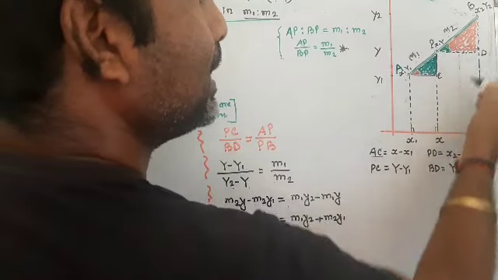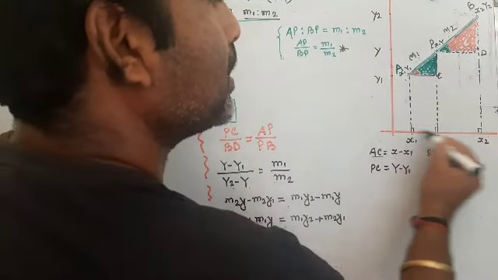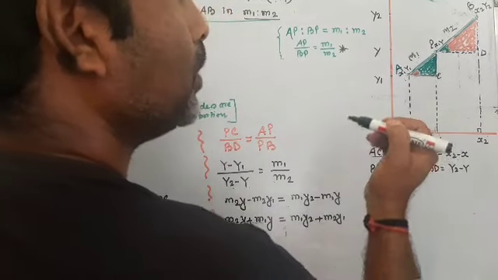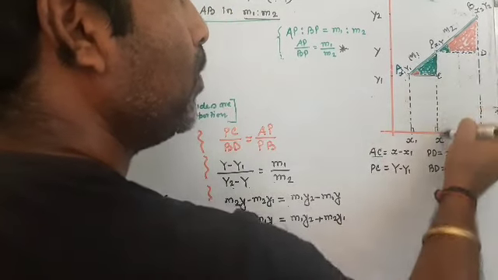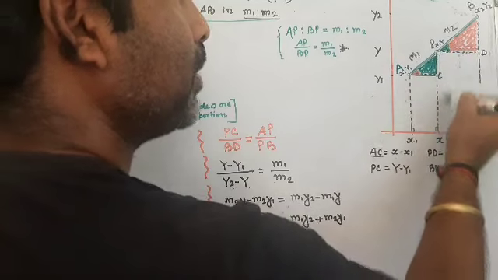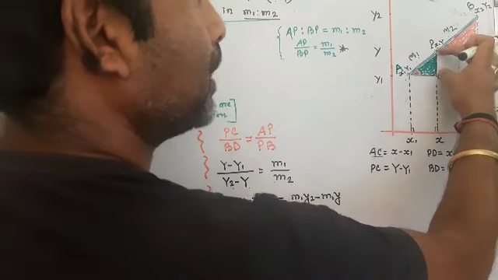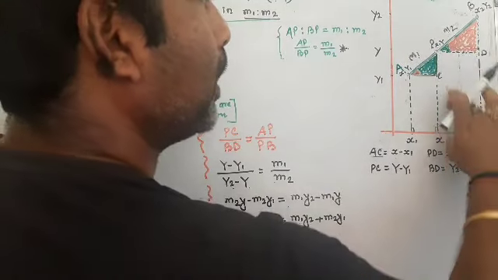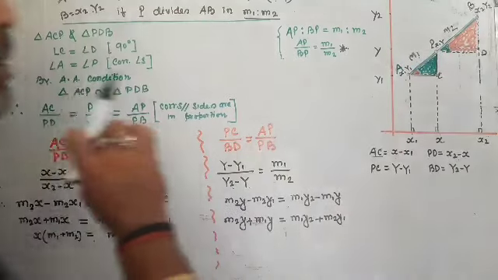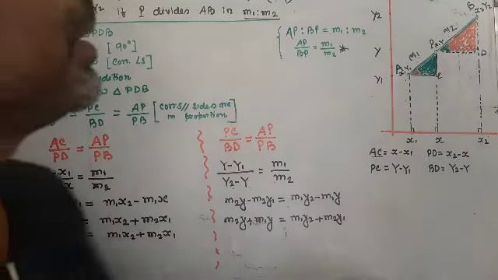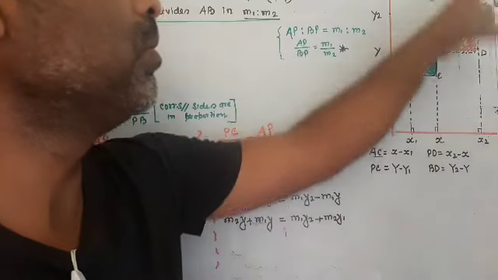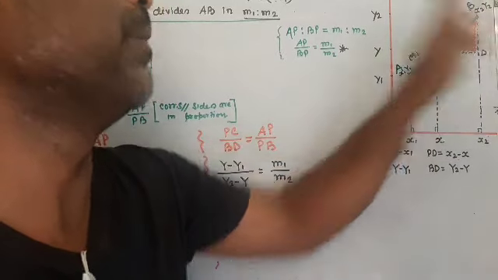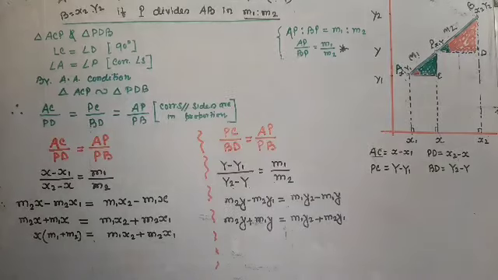PD distance is complete x2 minus x1. What is the distance of PC? Full y minus y1. This part, full y complete, and y1 is this part. So this is PC, and like this BD, that is y2 minus y1. So these are the lengths.